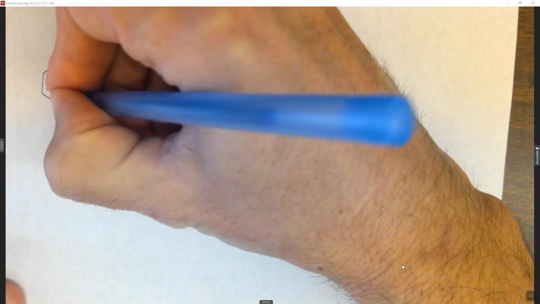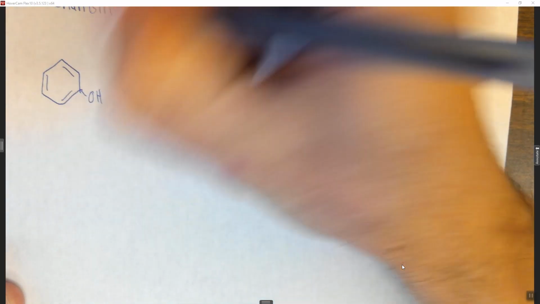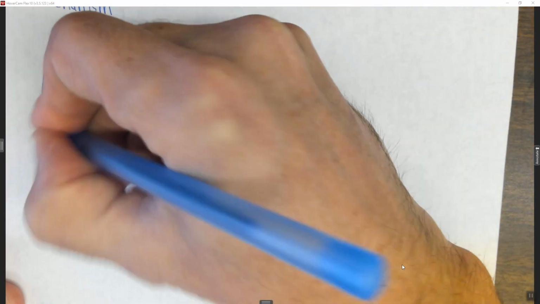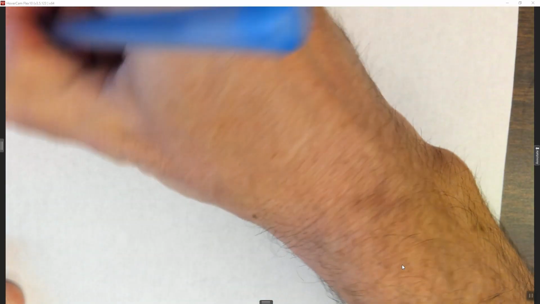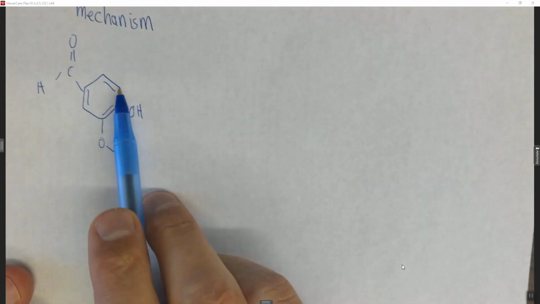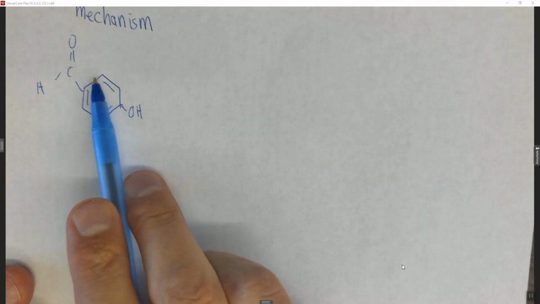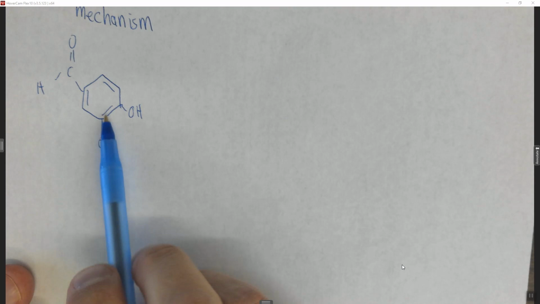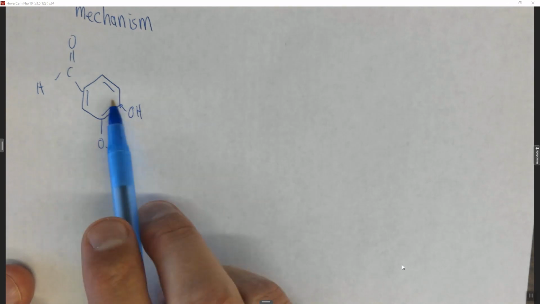It has an OH here, an ether group here, and an aldehyde here. And if you remember, we have this carbon 5 and this carbon 6. So we're going to focus on these directing groups.